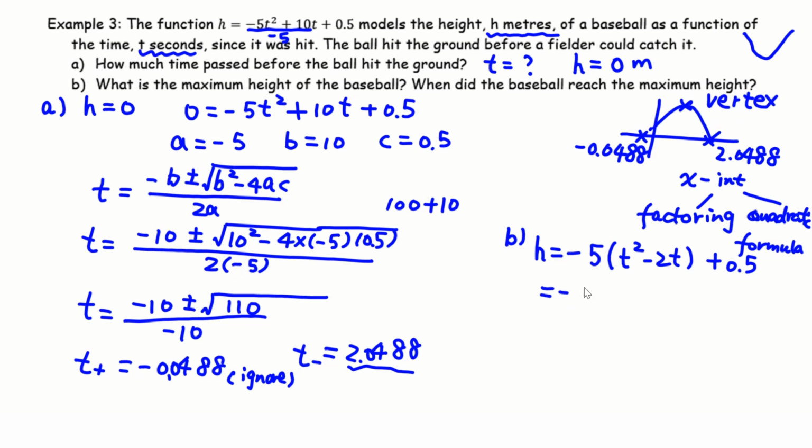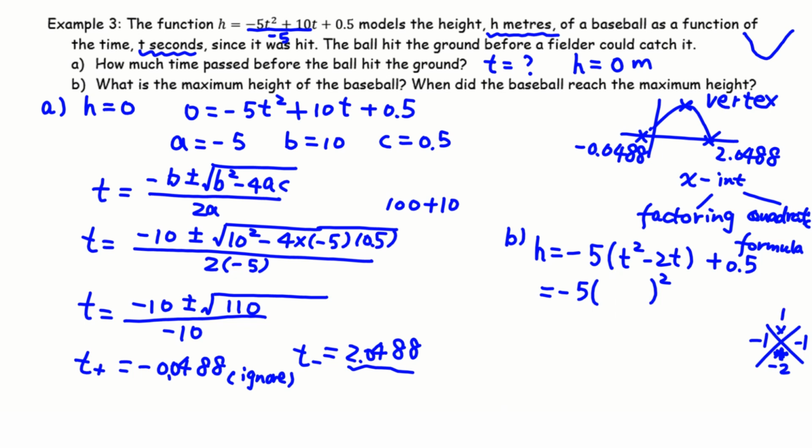equals negative 5 bracket. We are going to find two numbers that multiply together and add to negative 2. Then we want a perfect square, so we need the two numbers to be the same. Half of the b multiplied together will be 1.